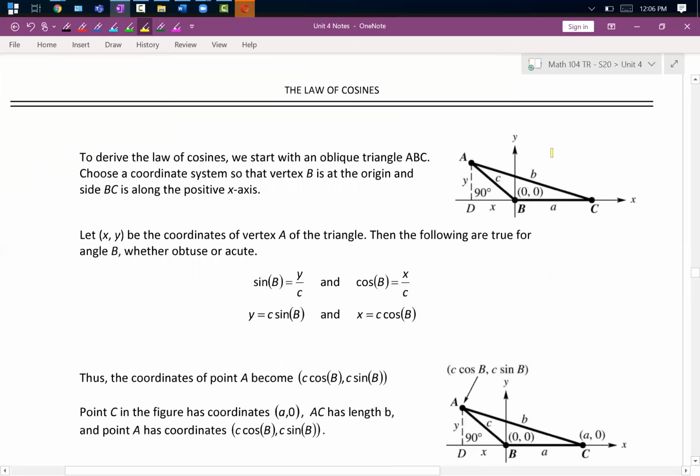If we let xy be the coordinate of vertex A up here, then the following things are true for angle B. What we did from our point A is we dropped a perpendicular down to the x-axis, creating a 90-degree angle. So there's our angle B. Using SOHCAHTOA, since we have a right triangle, we can say that sine of B is y over c.